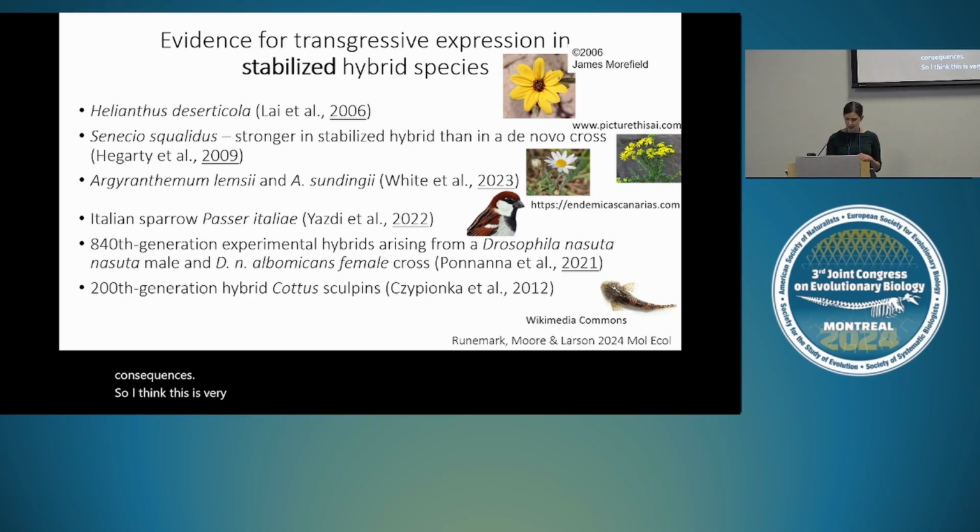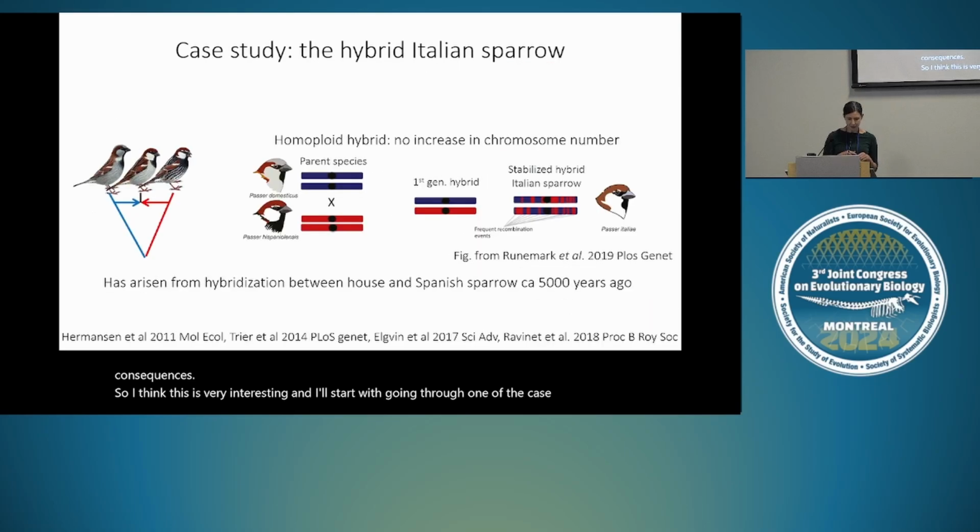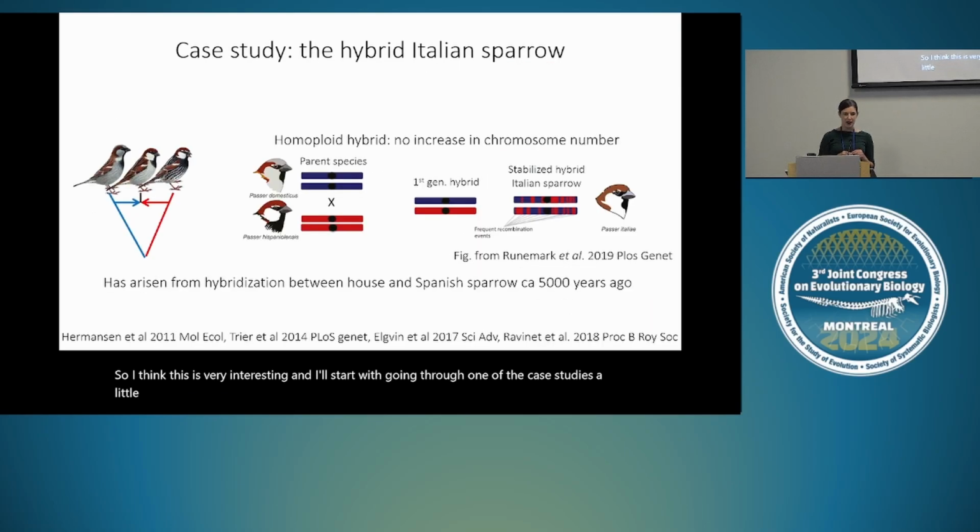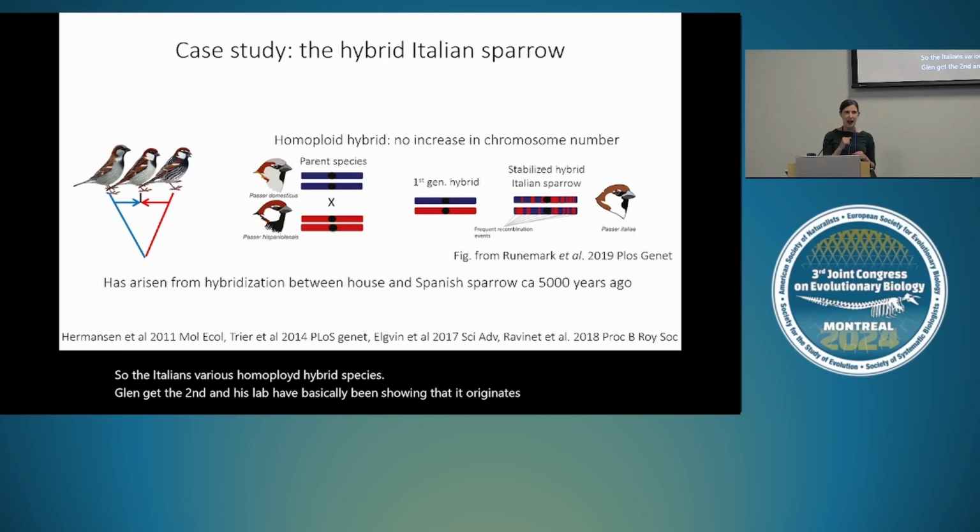I'll start by going through one of the case studies a little bit. The Italian sparrow is a homoploid hybrid species. Glenn Peterson and his lab have shown that it originates from a cross between the house sparrow, which you surely have all seen tons of here in Montreal, being invasive, and the Mediterranean Spanish sparrow.